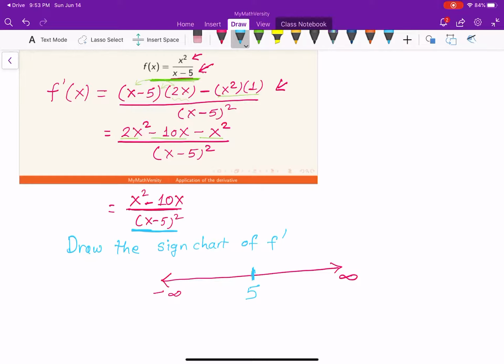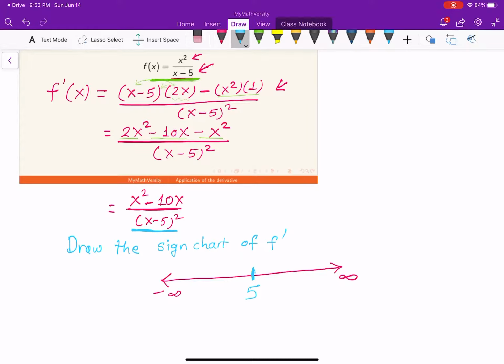We also need to see what the partition numbers of the f prime are, to determine sub intervals where maybe the sign changes. To do that, let's see what the partition numbers of f prime are. How do we get that? First we need to see where f prime is undefined, or f prime does not exist.